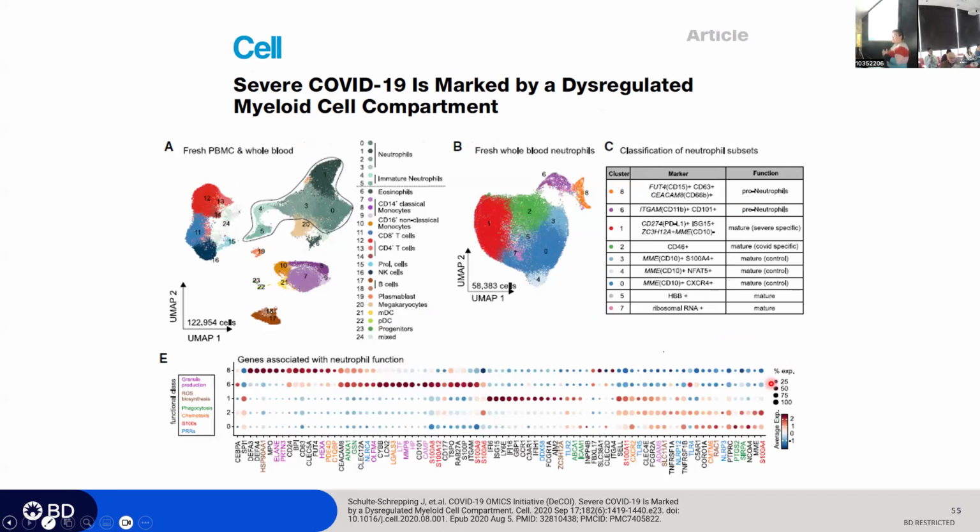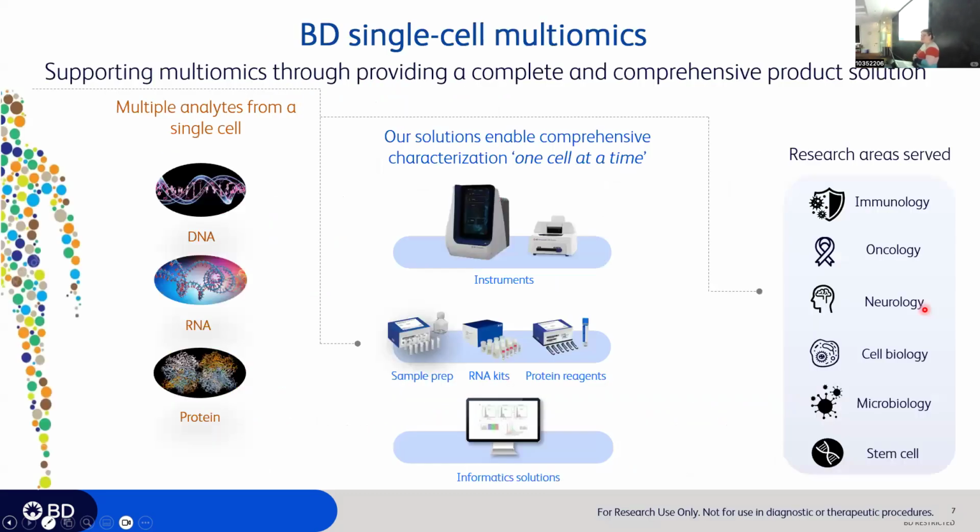They found that in patients with severe COVID-19 symptoms, neutrophils undergo this emergency myelopoiesis, which results in immature and dysfunctional neutrophils and could be connected to some of the symptoms that they see. That's just one example of many that I'm going to talk about of a group that used our system to generate some really cool data and a really cool story for publication.